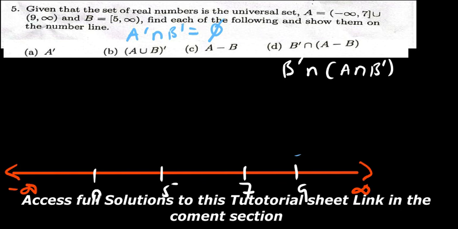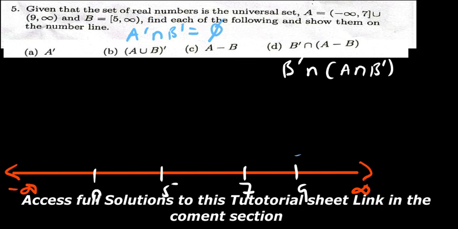Initially, if I'm to simplify, this is the same as B complement intersection A, then this intersection will be here again, B complement intersection B complement, of which I want you to know that B complement intersection B complement is just B complement, so it also takes us back to this, so there's no need of me simplifying it, just like that.